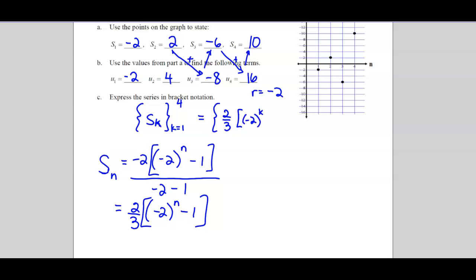And again, I would just like to use K in here, just to keep it separate from N being the last term. Okay, so that's the series in bracket notation. If it was just the sequence, then we would just find the general term for these. Okay?